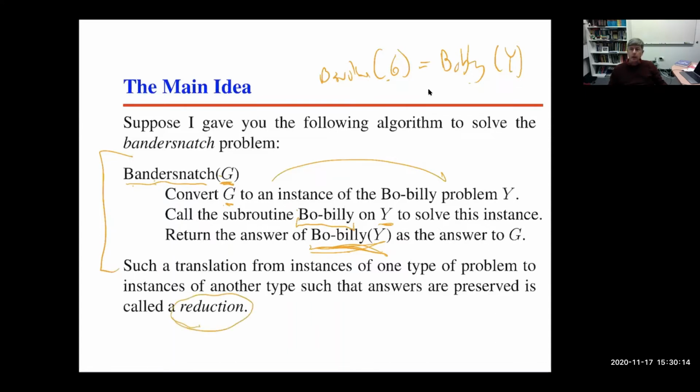reduction. Okay? Any questions? If you looked at my edit distance notes, you probably did see a reduction before. Remember, if you looked at longest increasing subsequence or longest common subsequence, did you see that once you knew how to solve edit distance, these two were special cases?